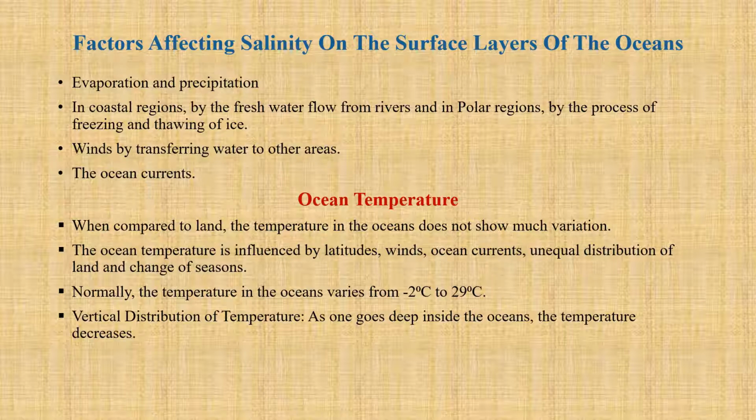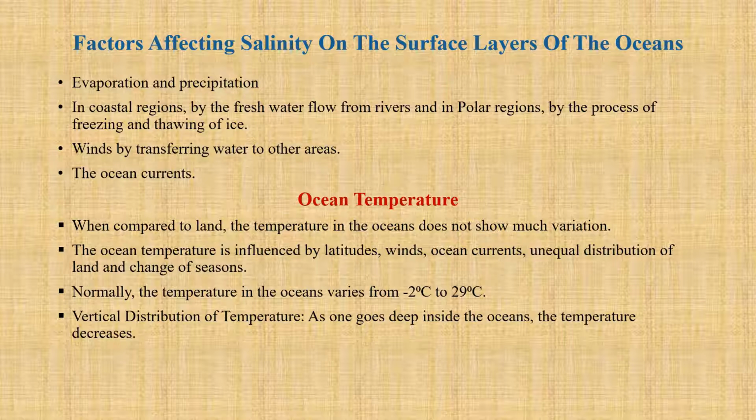So there are some factors which affect salinity on the surface layers of the oceans. First one is evaporation and precipitation. The second one is in coastal regions where fresh water flows from rivers. So when the rivers reach seas, they decrease the salinity of the seawater because of the fresh water flow.